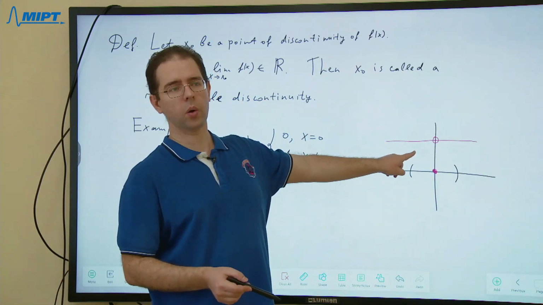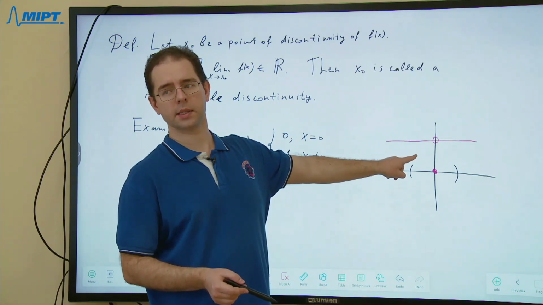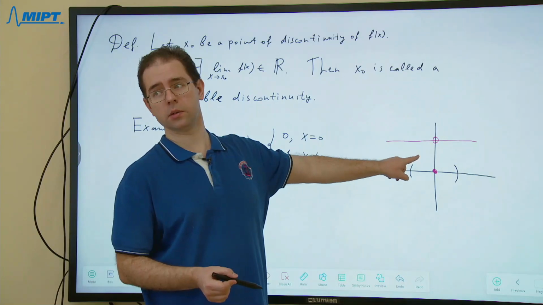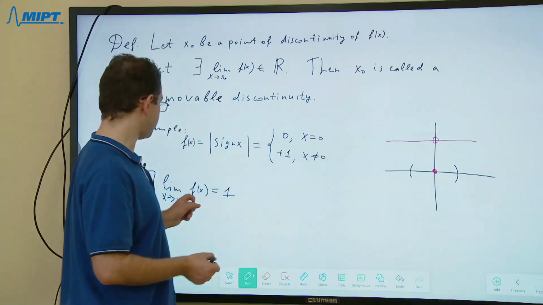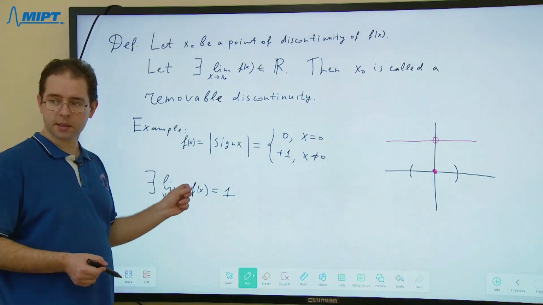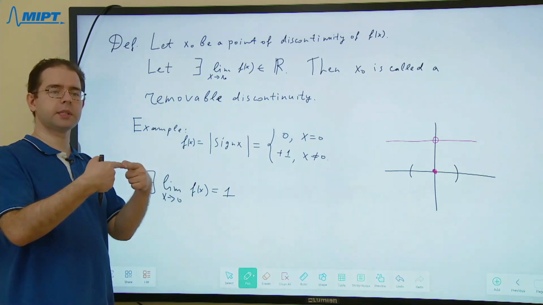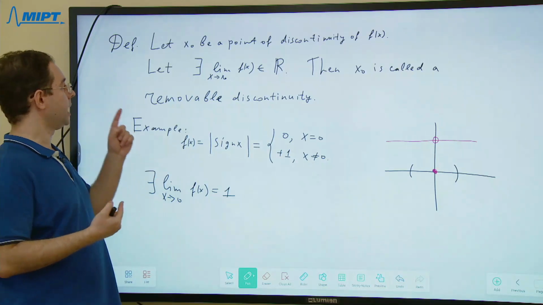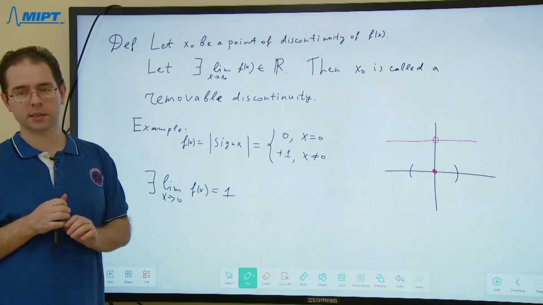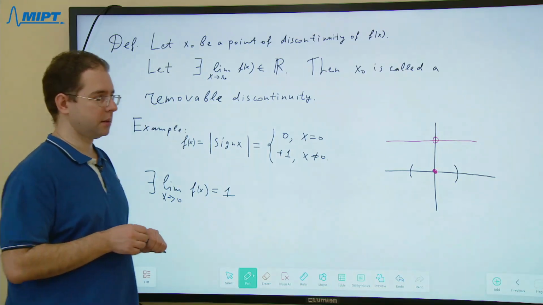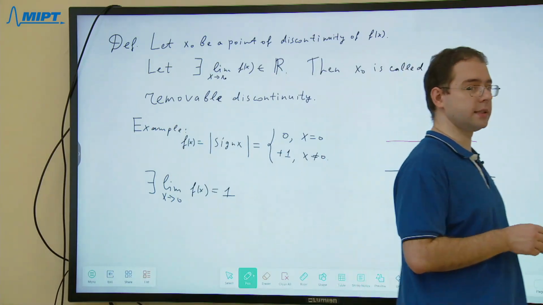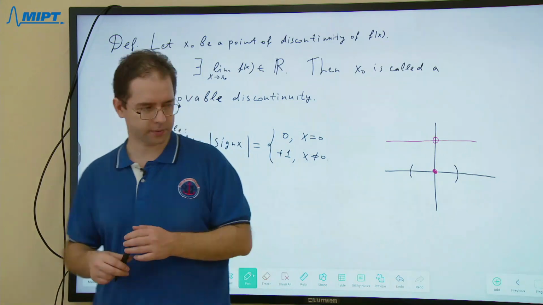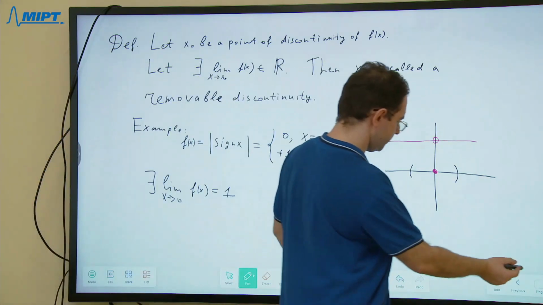Here also both one-sided limits exist, they just happen to be equal to each other. So if this limit exists, then one-sided limits also exist and are equal to each other. So a removable discontinuity is definitely a discontinuity of the first kind, one of the cases. Okay, moving on.